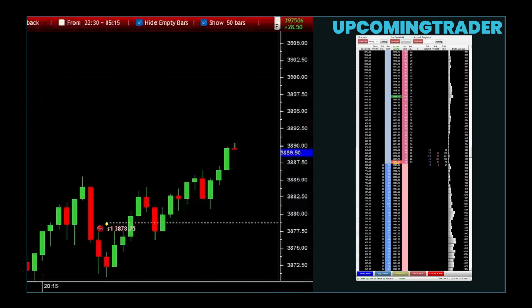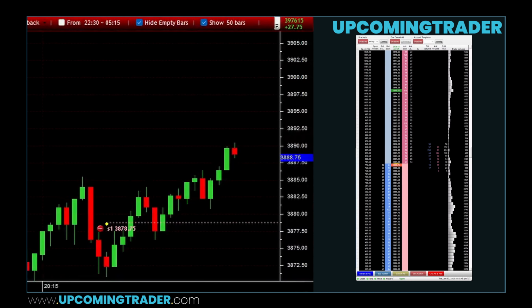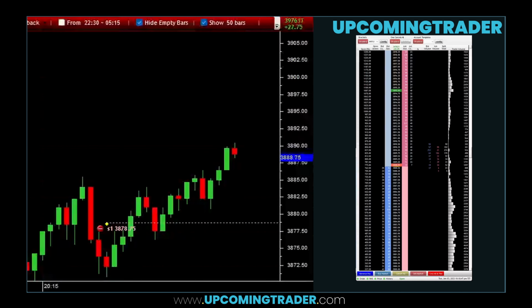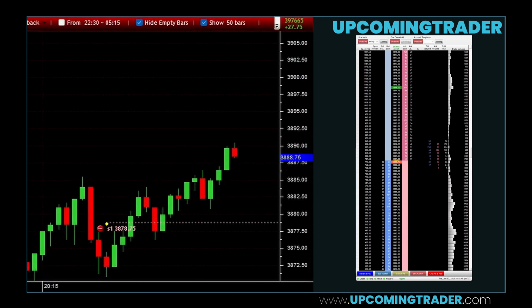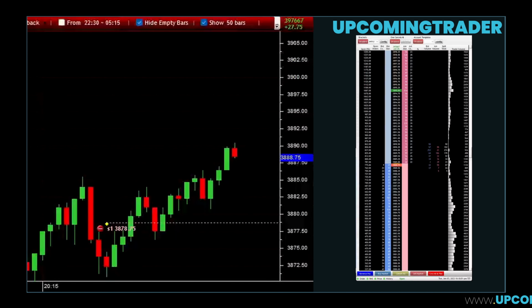Indicators are essential tools that enhance your ability to analyze market momentum and make informed trading decisions. Two widely used indicators are moving averages and the Relative Strength Index, or RSI. Moving averages are particularly useful because they smooth out price data over a specific period, making it easier to identify the overall trend.